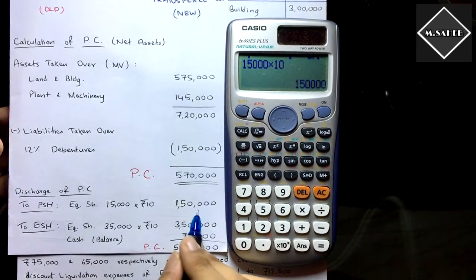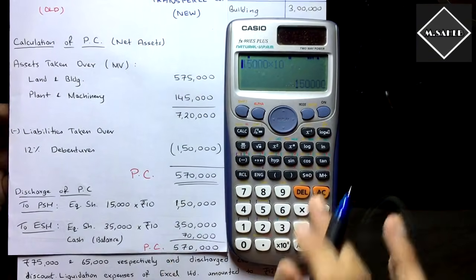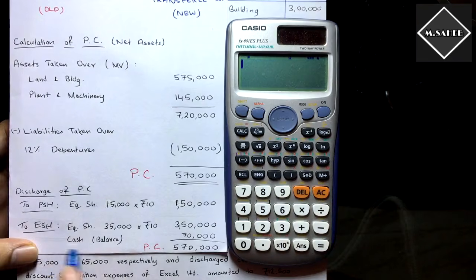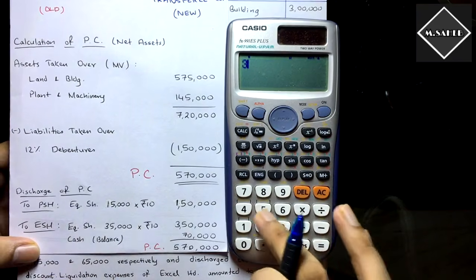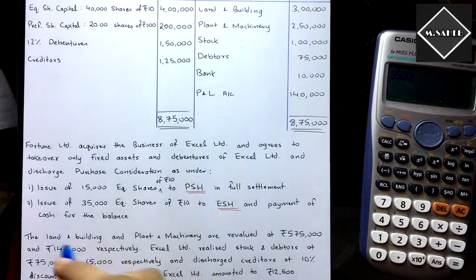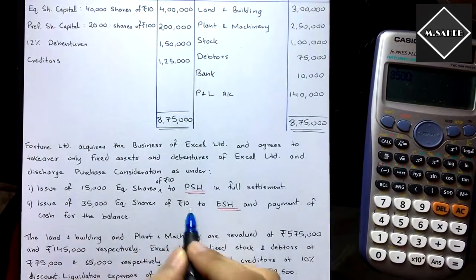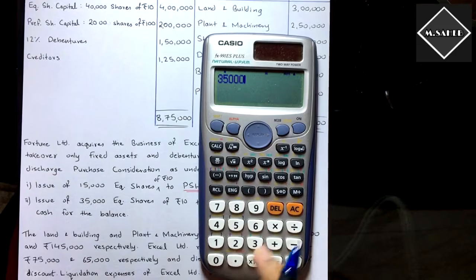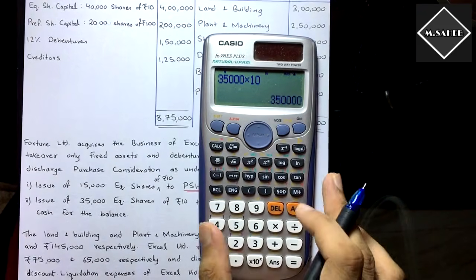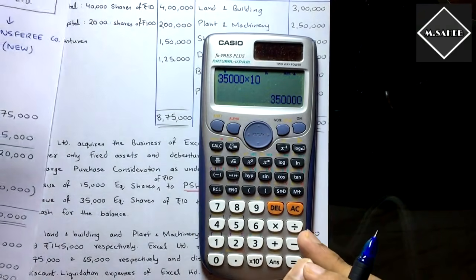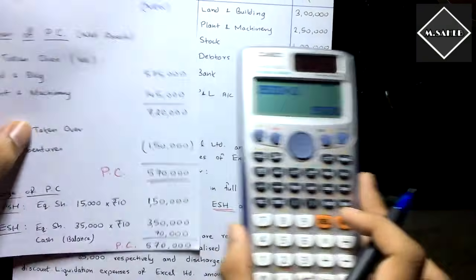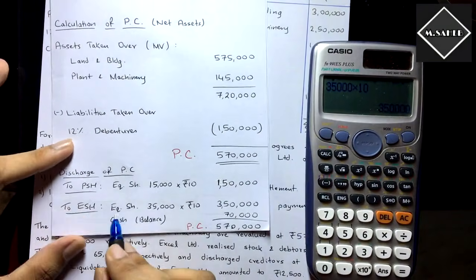So they are getting 1,50,000 of equity shares, and equity shareholders are getting 35,000 equity shares. It's given in the question, issue of 35,000 equity shares of rupees 10. So 35,000 into 10 is equal to 3,50,000. That is what will be given to the equity shareholders.